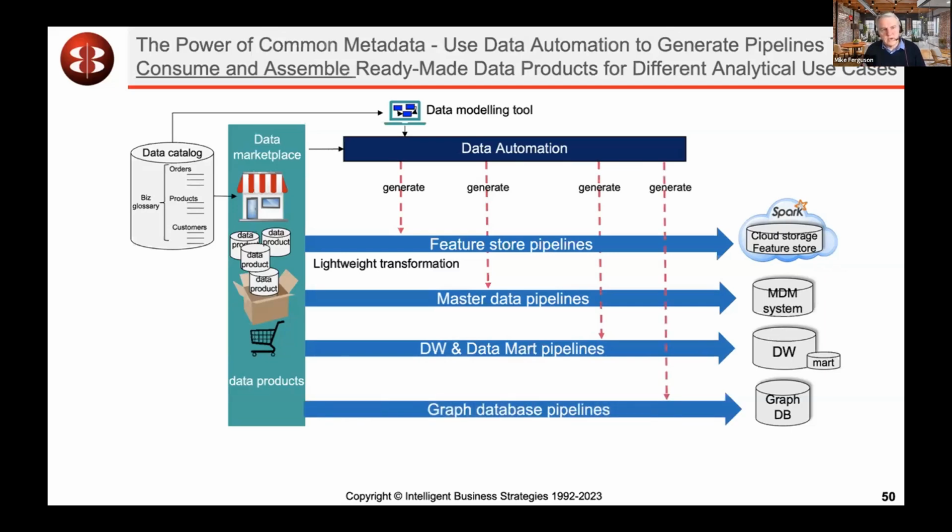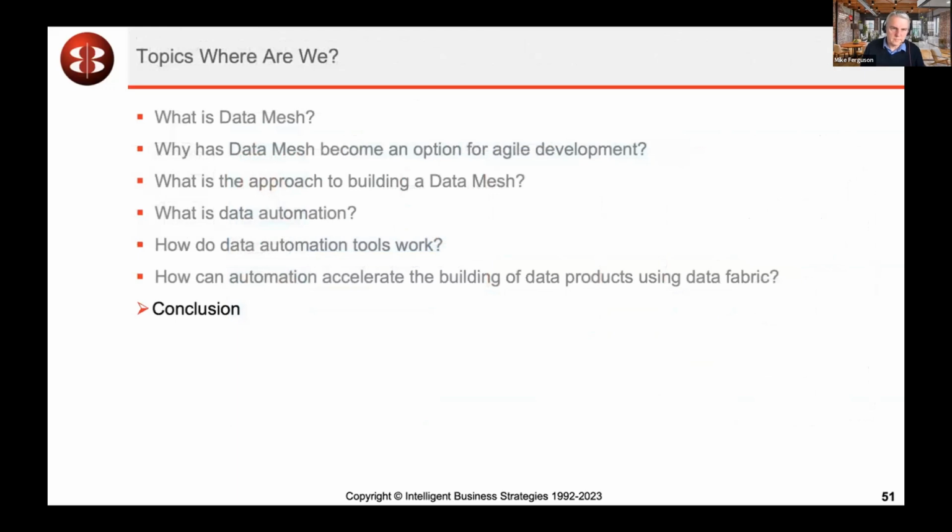It really accelerates the consumption side as well. So I get a double win. I get it on the production side and on the consumption side. And even generate virtual data marts across all of that if necessary.